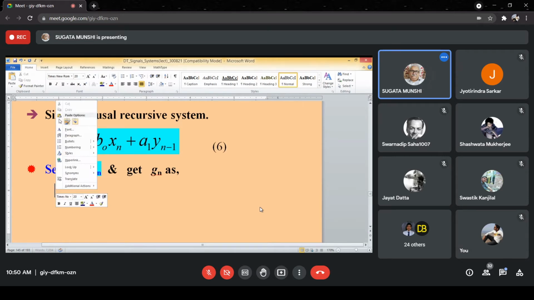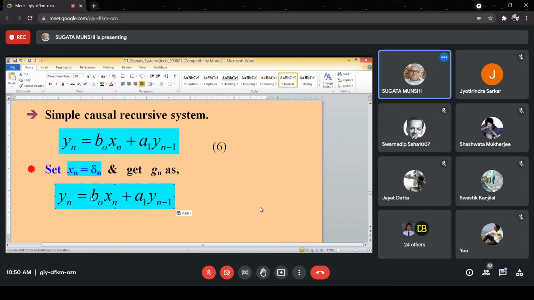So this is the expression for Gn: B0 delta n plus A1 Gn minus 1.